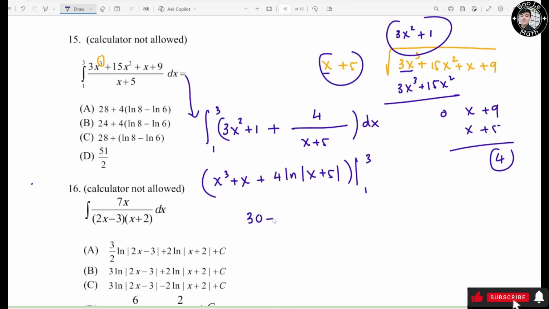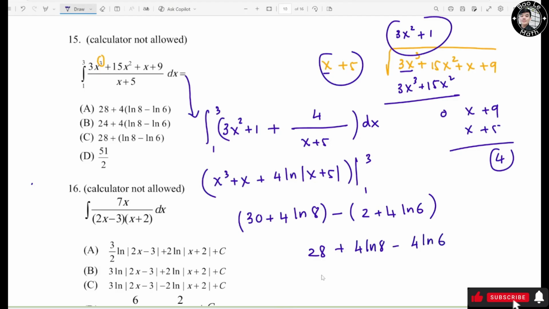So we have 30 plus 4 ln of 8, subtract 2 plus 4 ln of 6. So 30 subtract 2 could be 28, plus 4 ln 8 subtract 4 ln 6. So it could be 28 plus 4 times ln 8 subtract ln 6, right? So the answer must be B.